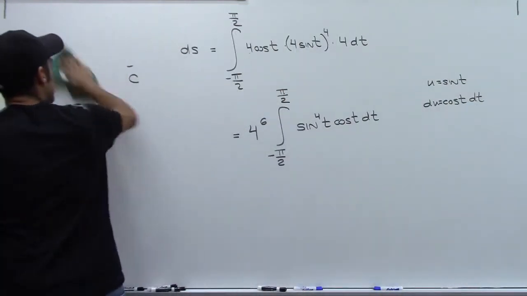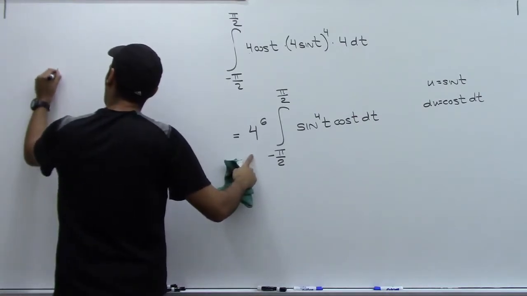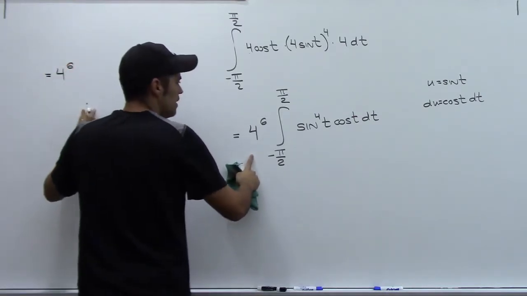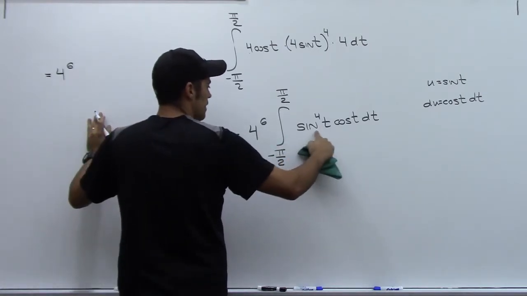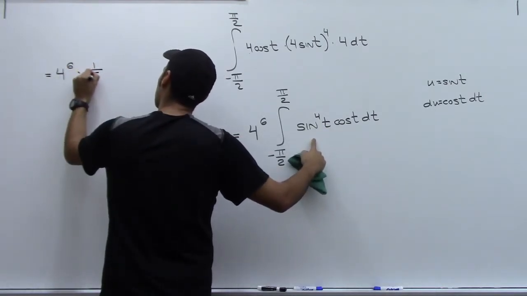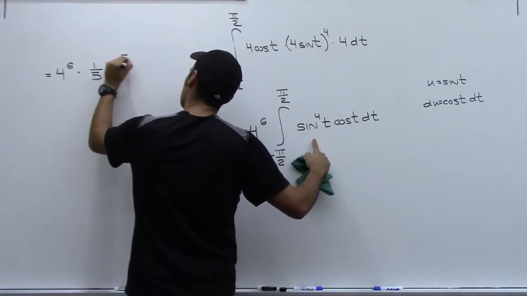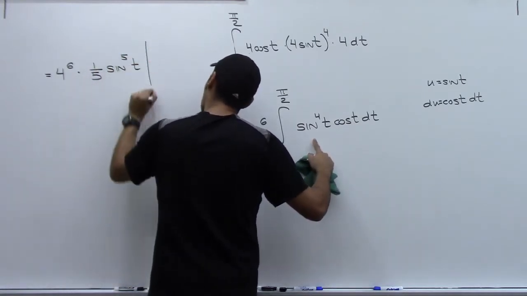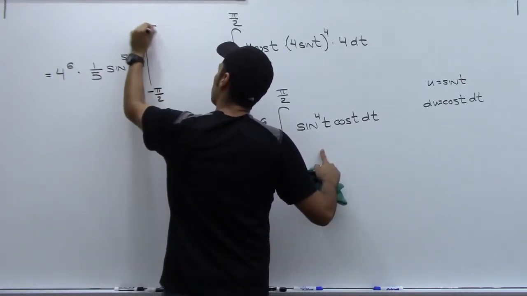This equals 4 to the 6th, and I'm taking the antiderivative of this. This is like the u, so I have u to the 4th. The antiderivative of that is 1/5 u to the 5th, but that's sine to the 5th t. And I'm evaluating this from negative pi over 2 to pi over 2.